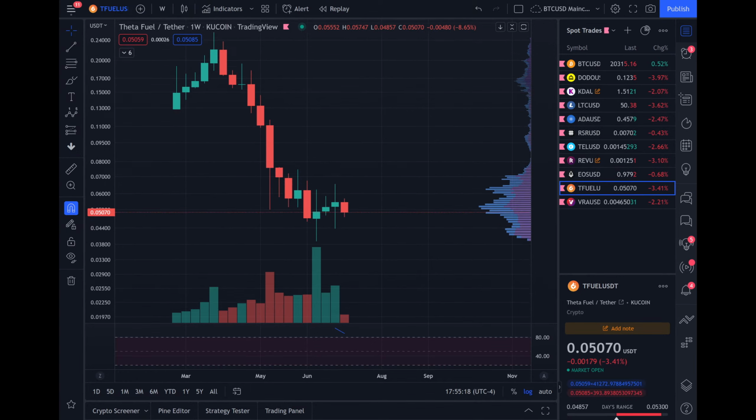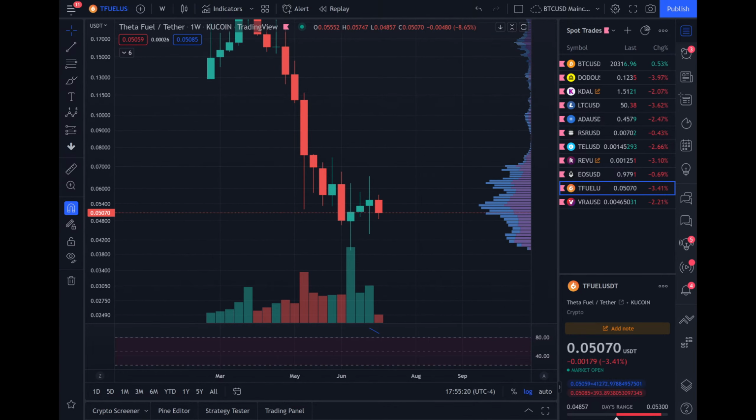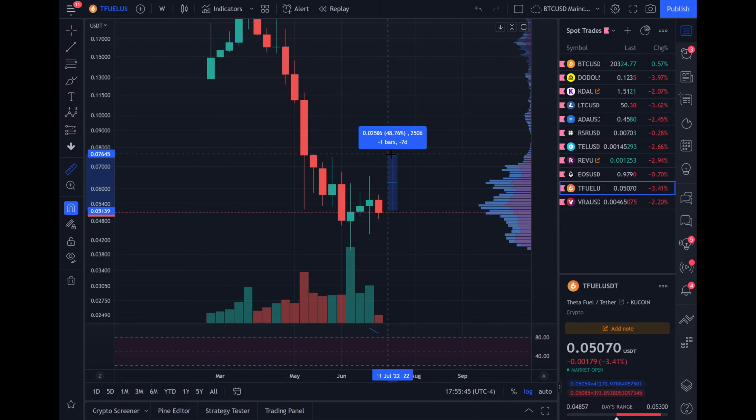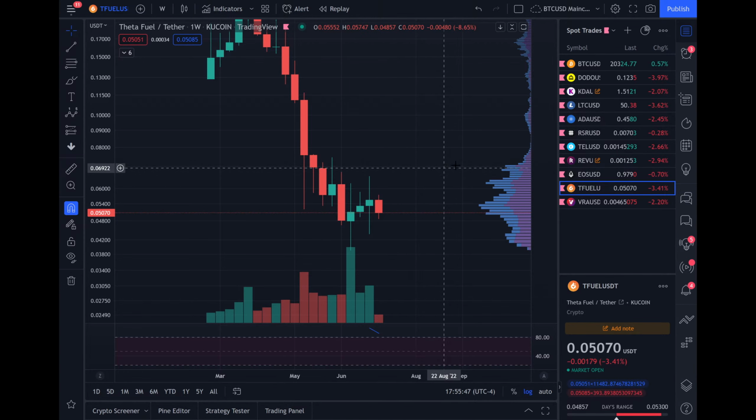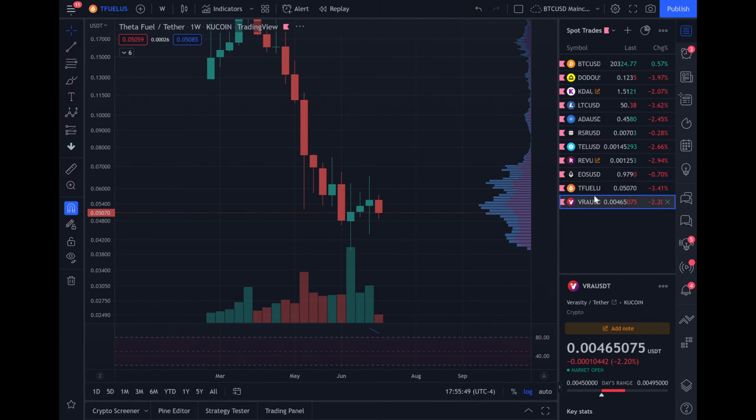Not that much information on the chart, but from what I can see, the next logical resistance would be up here at 0.0745. So 7.5 cents thereabouts. And that basically represents the top of your consolidation reversal range that you've been in for 50 or so odd days. So yeah, coming here. So T-Fuel, I expect it to make maybe a 50% move before consolidating a little bit and continuing on.